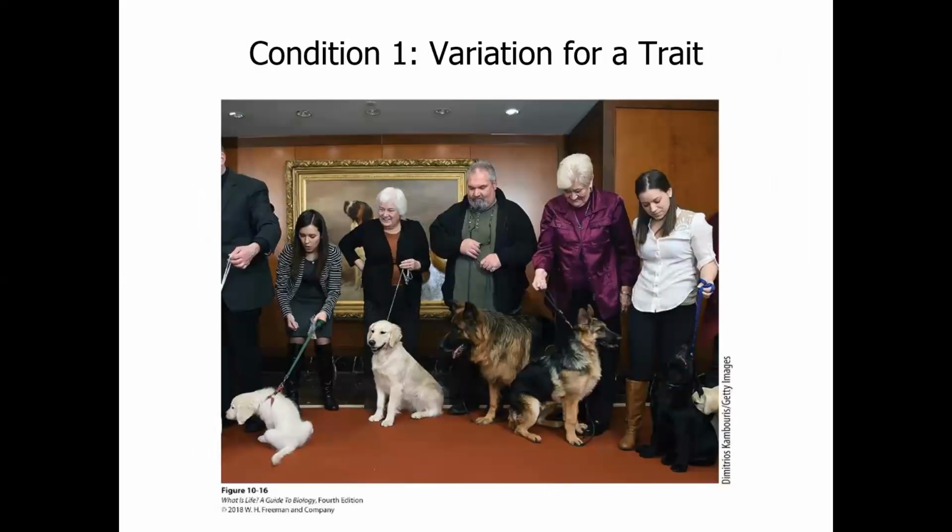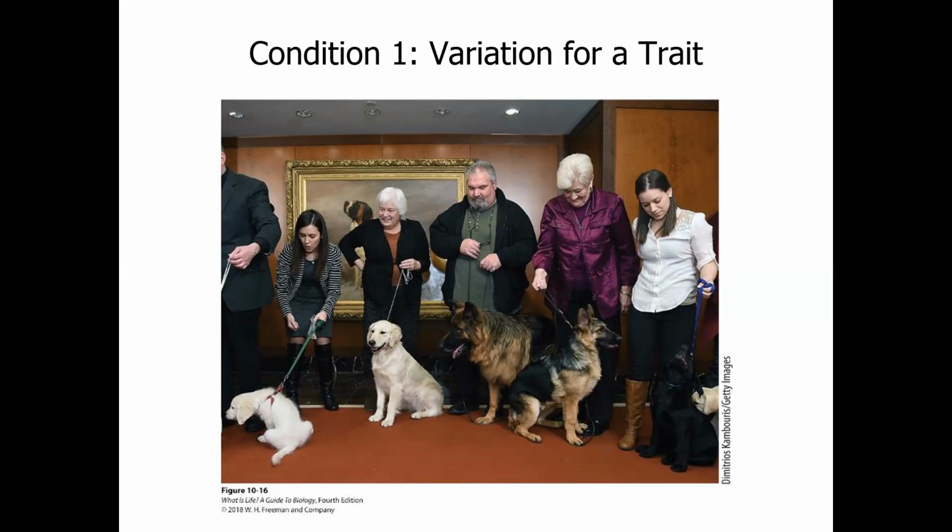Condition 1 is variation for a trait. What that means is that you have an expression of different alleles. You have some individuals that express the dominant allele, some individuals that are heterozygous and have the dominant allele and recessive allele, but the recessive allele is masked. And then some individuals have both copies of the recessive allele and are homozygous recessive.